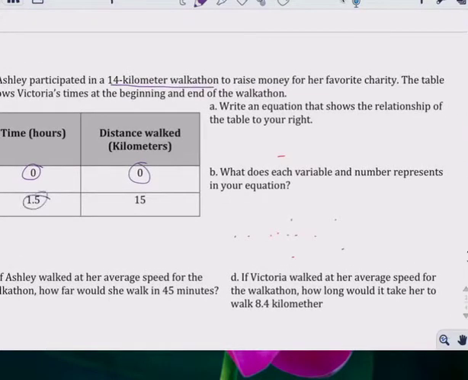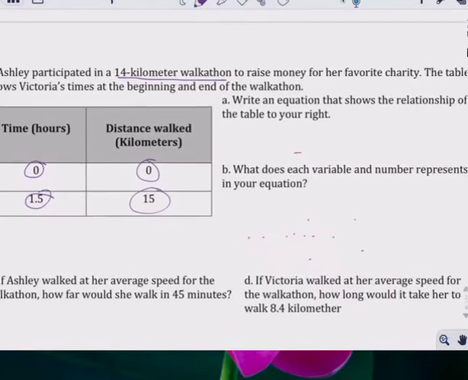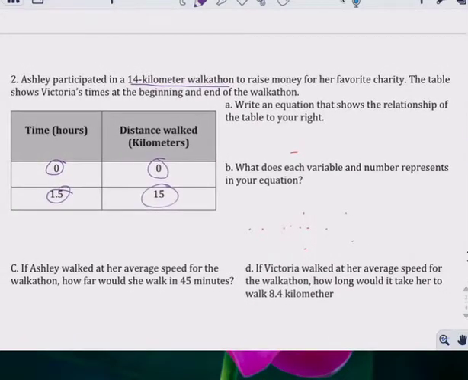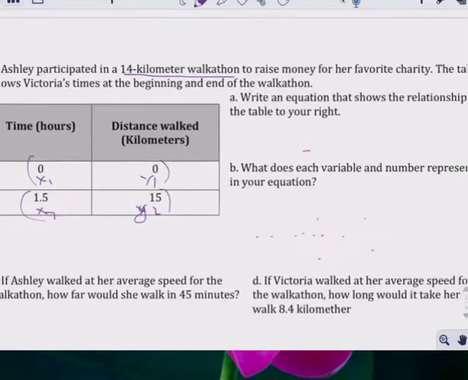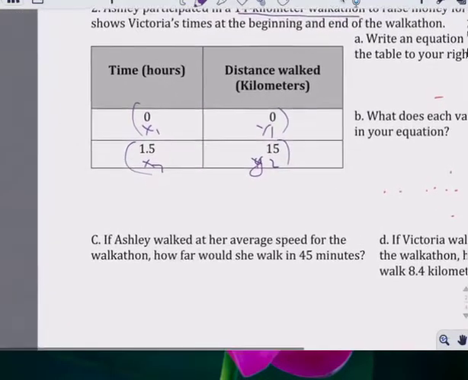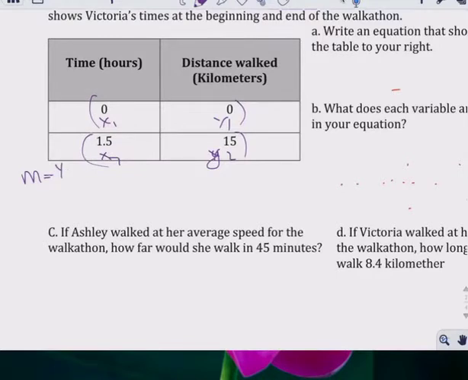So 1.5 hours there. To write the equation, we need to find a rate. Finding a rate is finding the slope. Remember, it's x1, y1, x2, y2. So the slope m equals y2 minus y1 over x2 minus x1. y2 is 15 minus 0 over 1.5 minus 0.